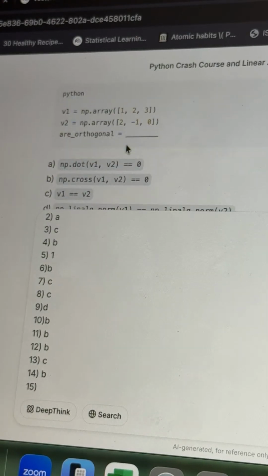I think it's A. I'm not sure though, because maybe it's B, because what do you use to find the value of 0? Maybe the cross product. Yeah, that or the dot product. Oh no, I think it's the dot product because you have to multiply it by itself, right? So that would be A. Cross product is for something else. It wouldn't give you a scalar. Yeah, it would give you a vector.